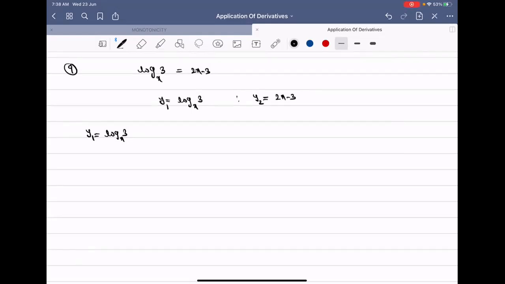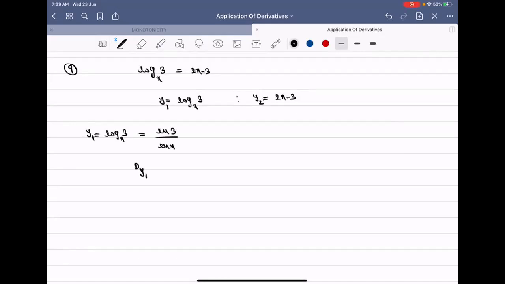We can write y equal to log base x of 3 as ln 3 over ln x.